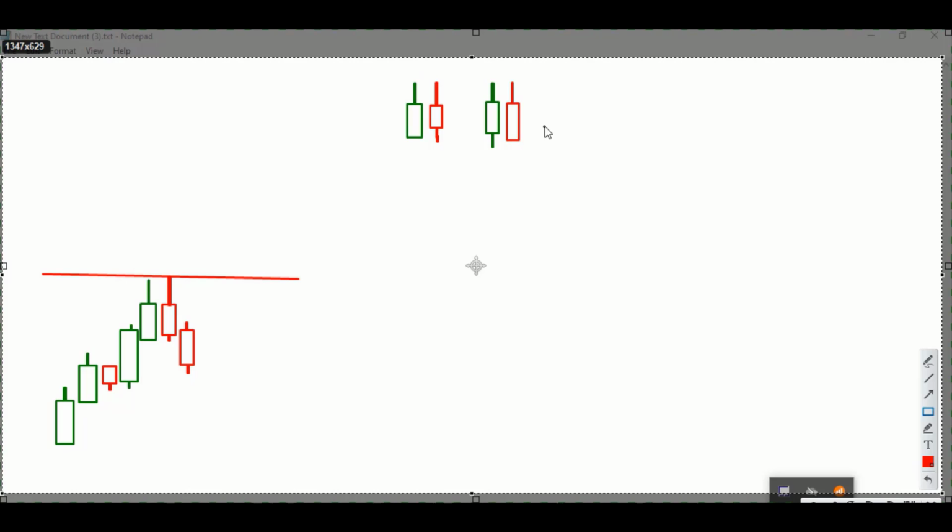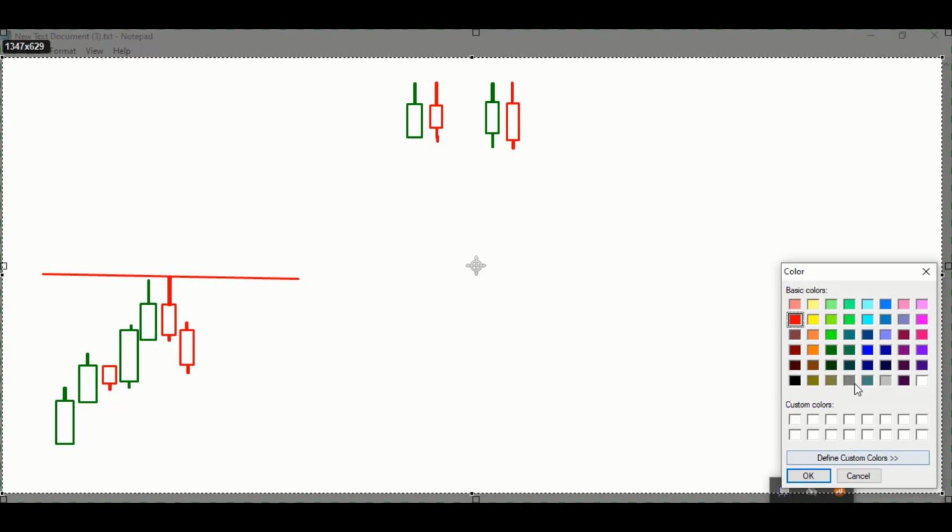These two rejections are from one strong key level, one strong SNR level, one strong round number. This also has wicks below like this one.